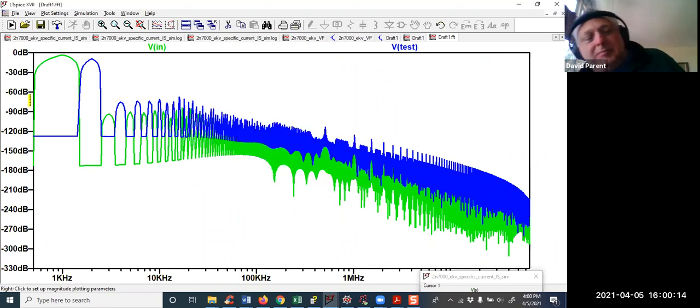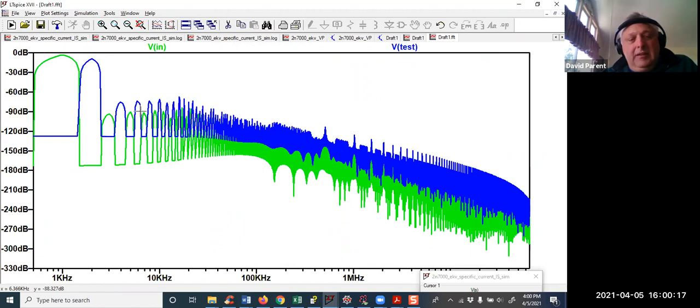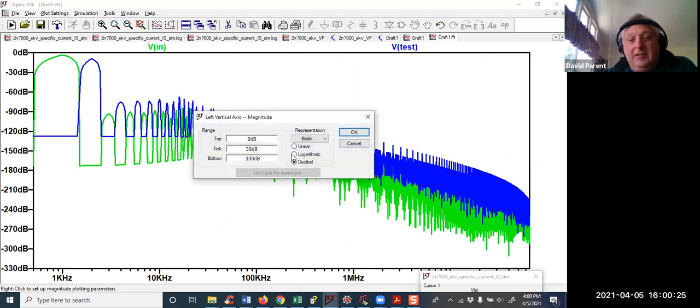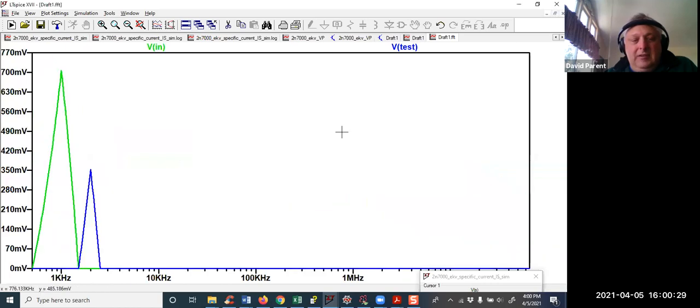Now, this is in dB, of course, but really a lot of this, in fact, is noise from the calculation, which now you can see just, I have the first harmonic, and then where I square it, I have the second harmonic, right?